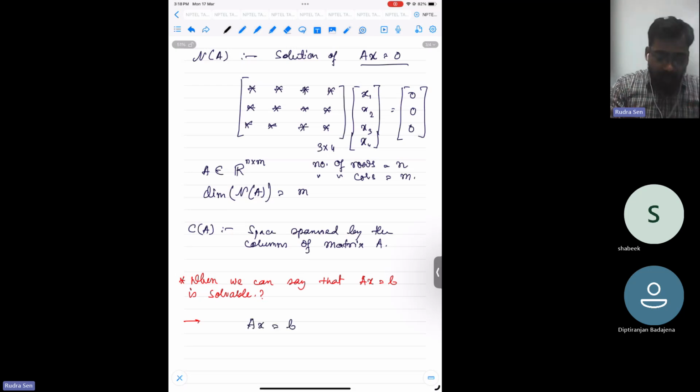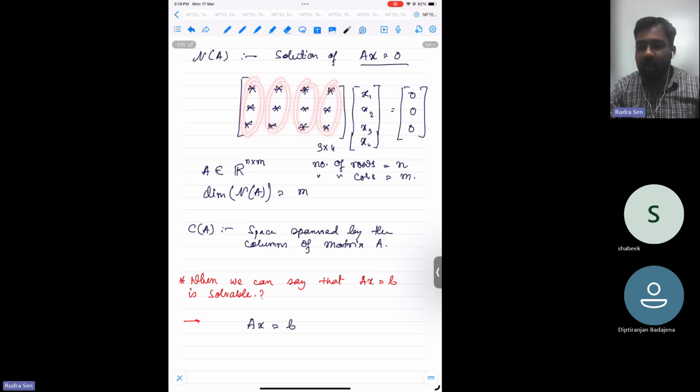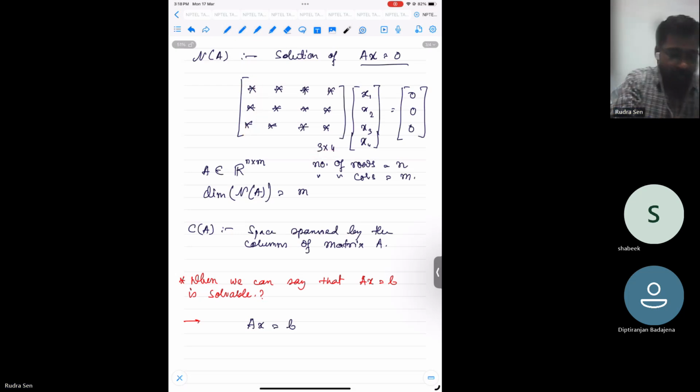That means the b vector should lie in the column space of A. For this particular example, every column consists of three elements. It's not four elements; the number of columns is four. Every row consists of four elements, but every column consists of three.